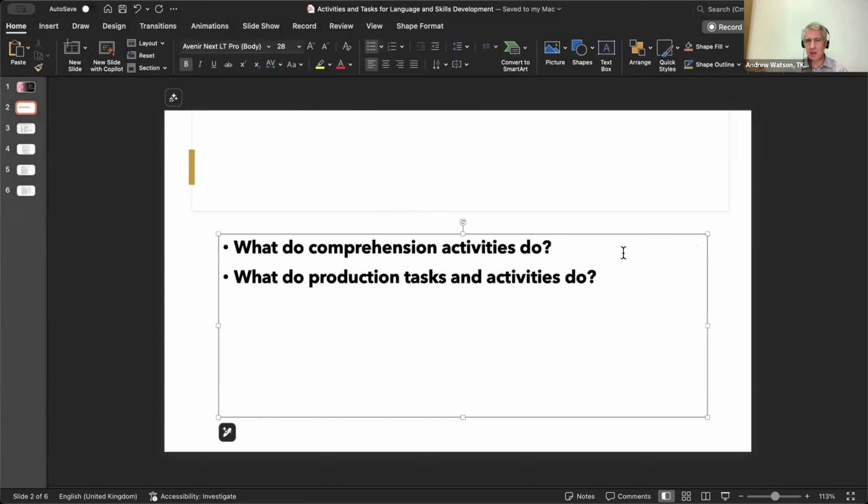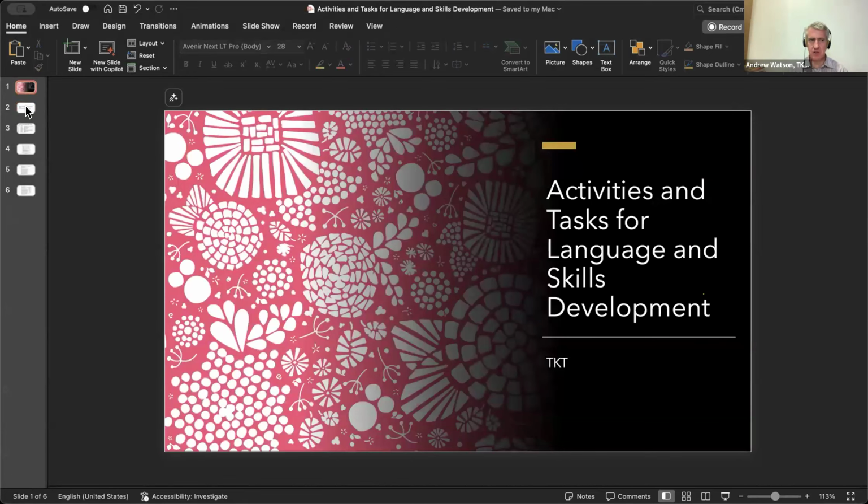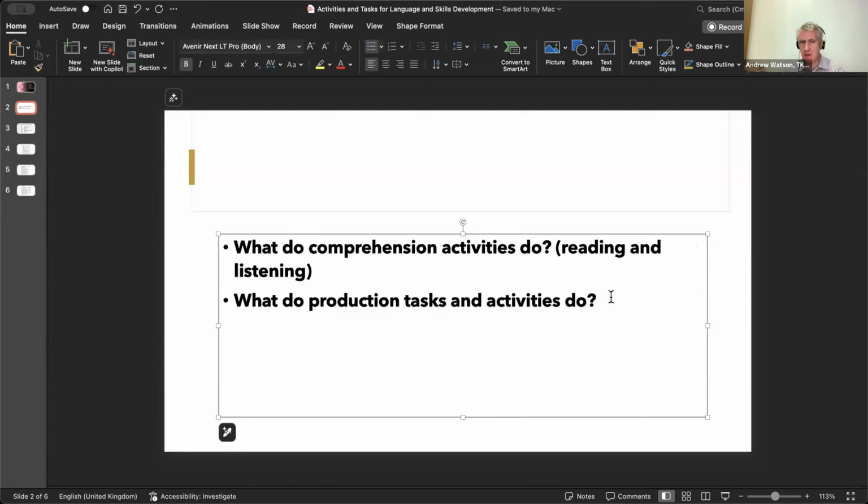Comprehension? Does that sound like reading and listening? Right. Production? What do you think that's likely to be? Is it going to be the opposite of reading and listening?